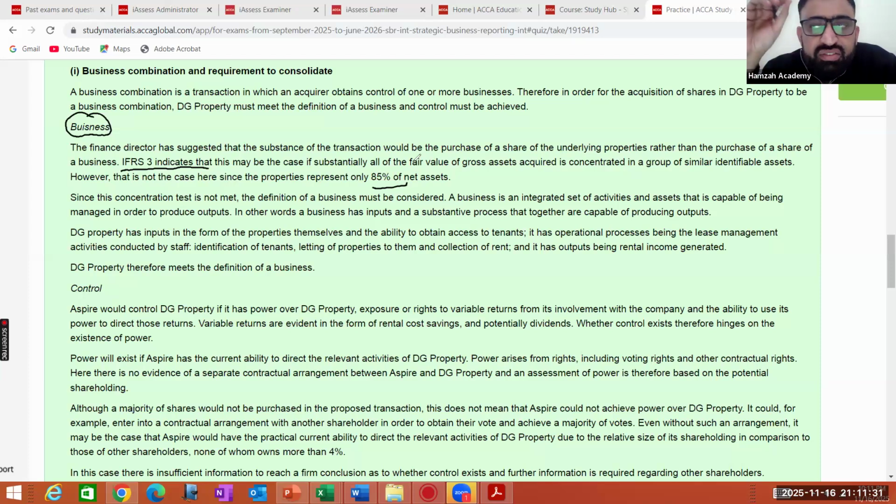According to the screening test, if the consideration you have paid to acquire a business is substantially representing the fair value of similar assets or a group of assets, then you haven't acquired the business. You have acquired the asset. Here, substantially means almost 100%.